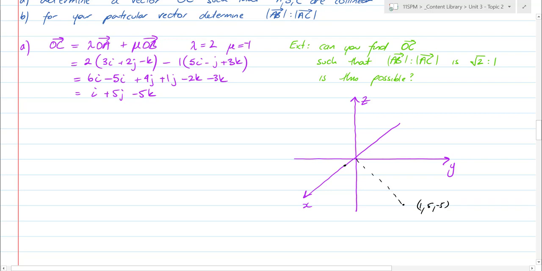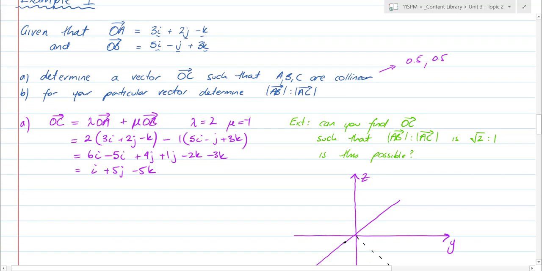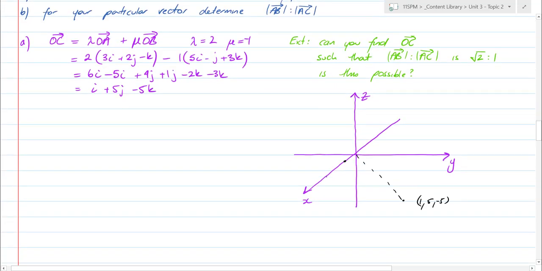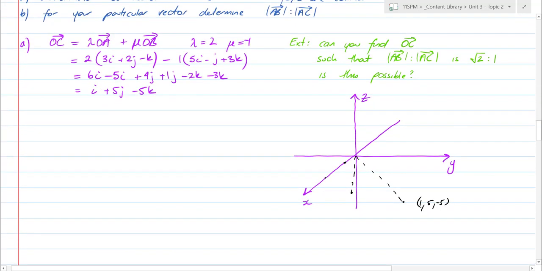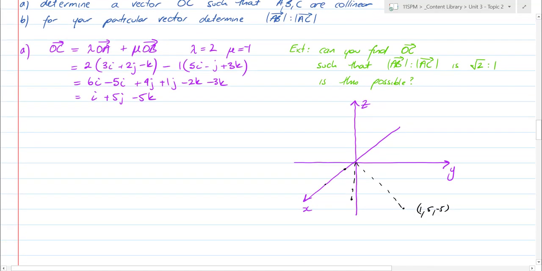My other 2 points are (3, 2, -1). So 3 is out here, 2 is there, and negative 1 is down 1. So I've got a point there. And then my third point is (5, -1, 3). 5's out here, negative 1's there, and then 3's up here.